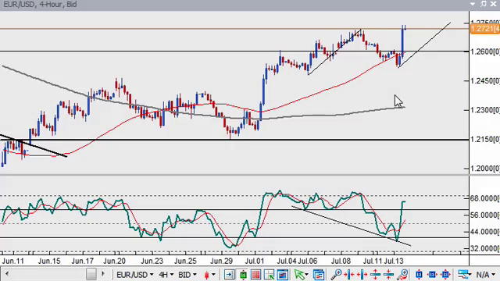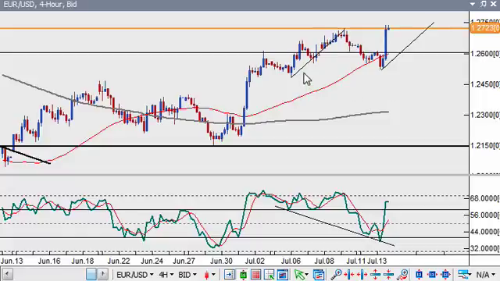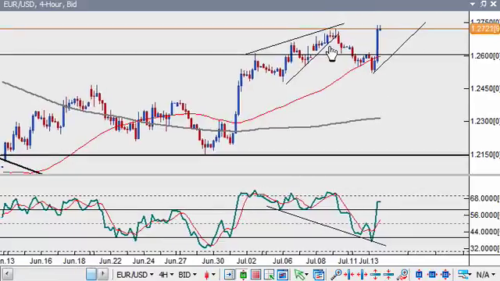We'll start with the euro dollar pair, and if you remember from last week, I was stalking this possible topping action. This week we started with some further decline from this top. However, today we have a very strong bullish candle here in the US session that basically brought this market back to the 1.2750 area.